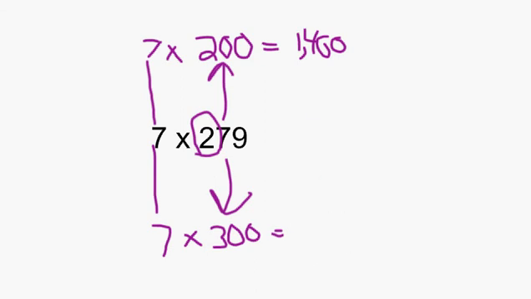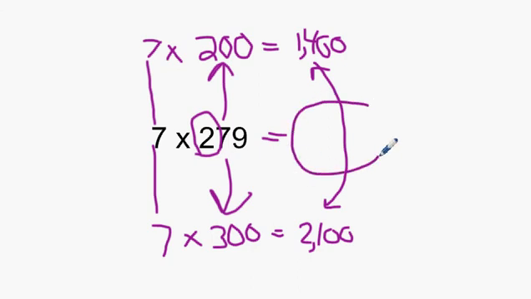Let's try again. That is 21 with 2 zeros, 2,100. So we know the answer is somewhere between these two. That is estimating multiplication and knowing where the answer should be, because it should be right in here between these two numbers. Okay, good job.